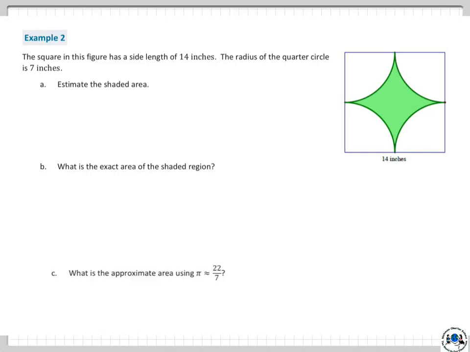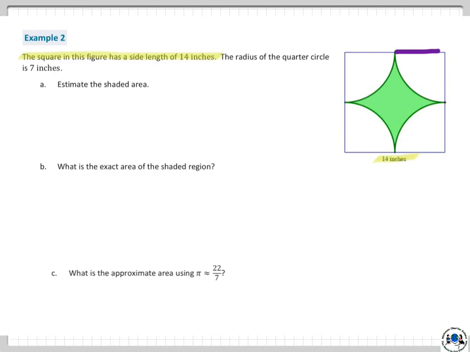Example 2 says the square in this figure has a side length of 14 inches. We can see that right there, 14 inches, and it's a square. The radius of the quarter circle is 7 inches, and that would be these right here.